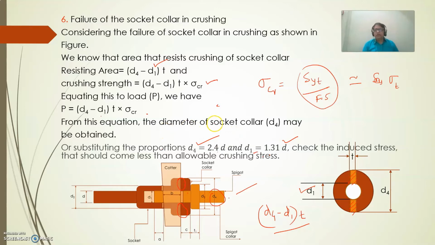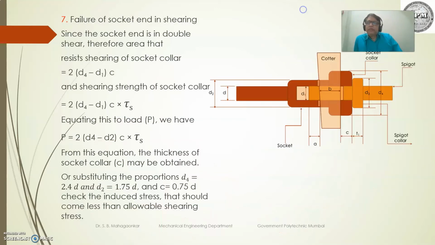Or else we have to design D4. So either one of the things we have to do. If it is coming more than the crushing stress, then we have to redesign the diameter D4 using crushing failure. Okay.